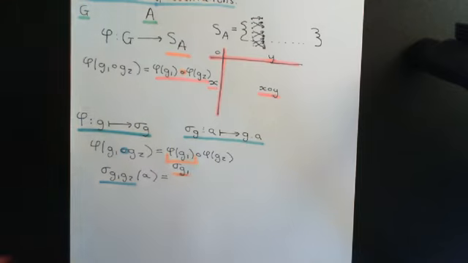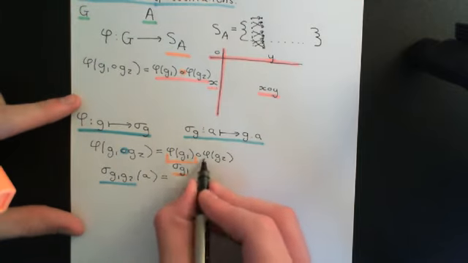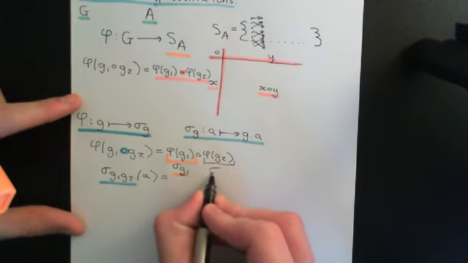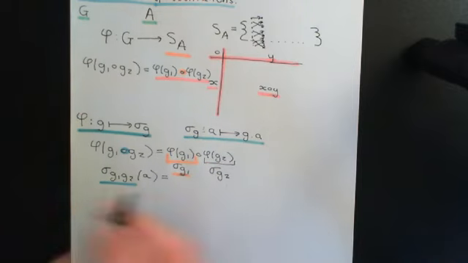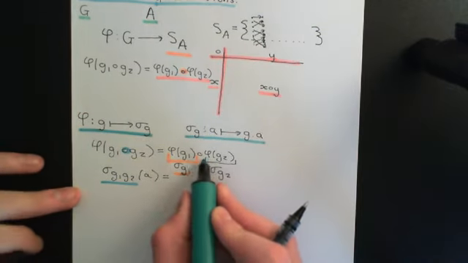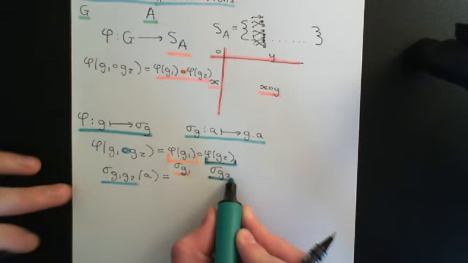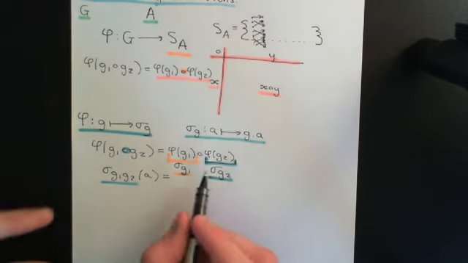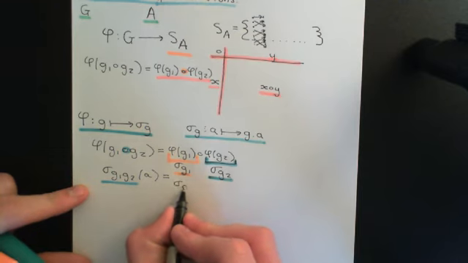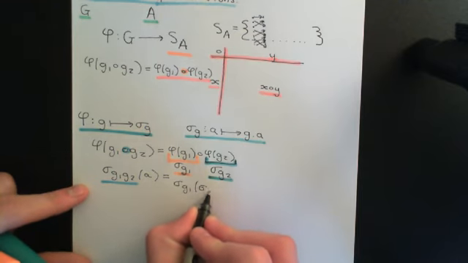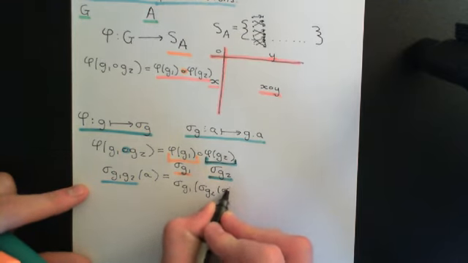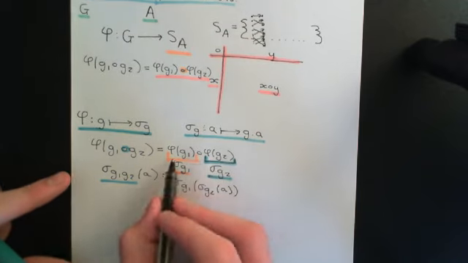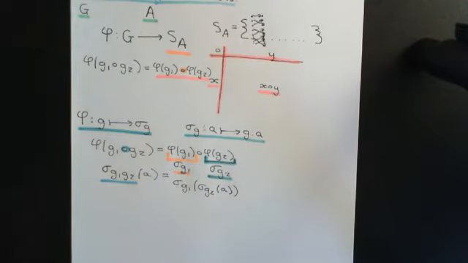Okay, so this answer is here. And phi of g2 is just going to be the set permutation associated with g2, so sigma g2 here. Okay, so that's the answer here. Okay, and then if we compose those two together, the new mapping that we'll get will be sigma g1 of sigma g2 of a. So that's the new mapping that we'll get if we're doing the right-hand side here.